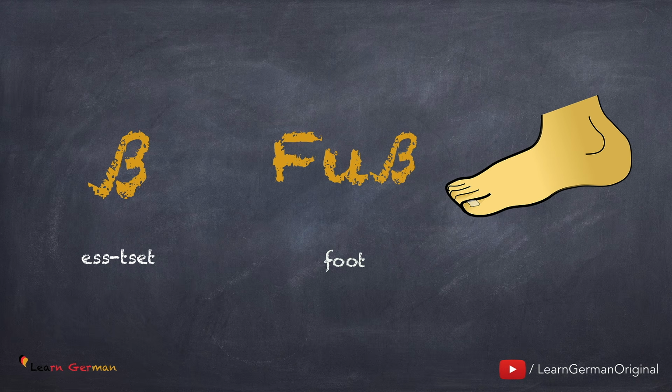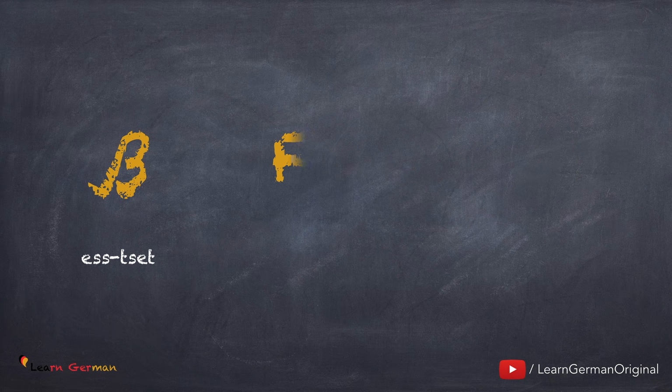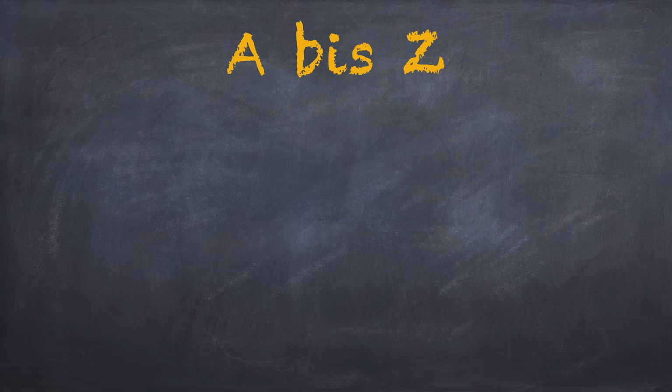Now, these are the 30 letters of the German alphabet. Let's quickly revise the pronunciations once again.